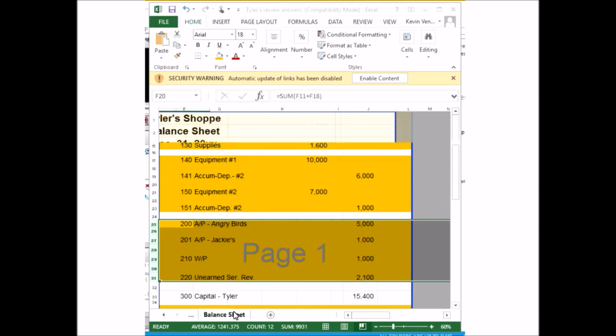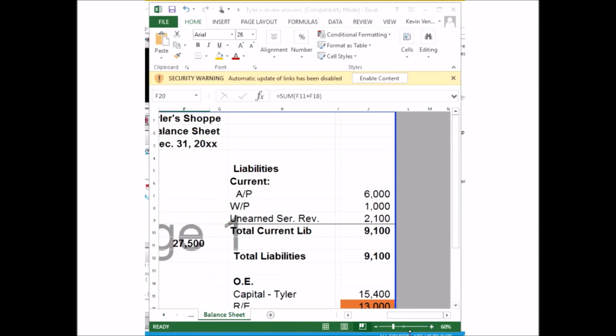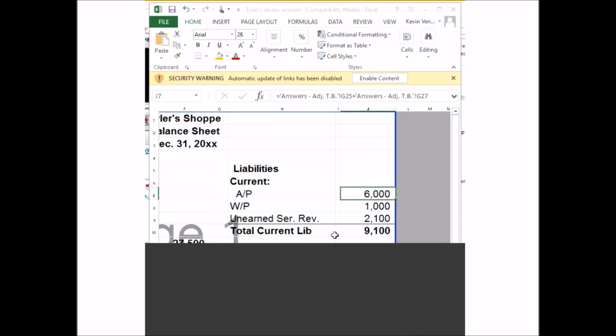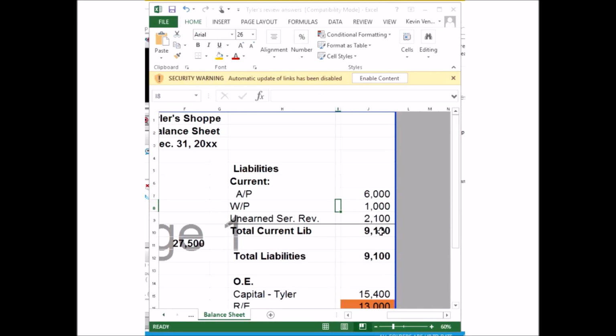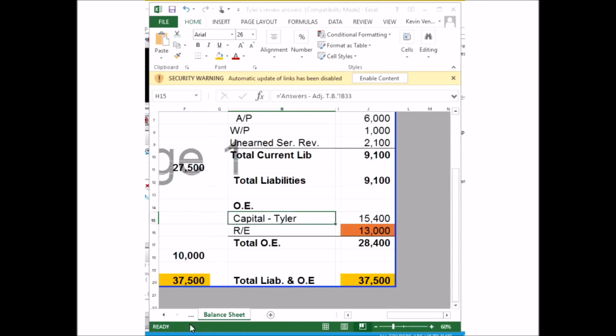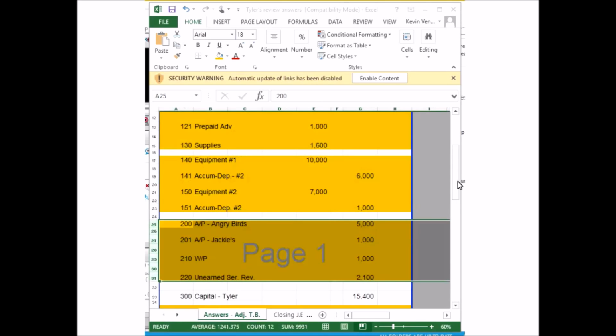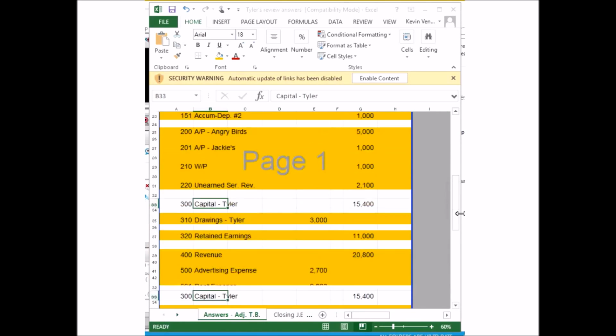So I go back to my balance sheet, put all of my liabilities here. Add them up, I got $9,100 in liabilities that I owe. I owe people money to the tune of $9,100. The final item that we have is our capital that we haven't used yet. So now everything should be yellow because we are now going to use the $15,400.